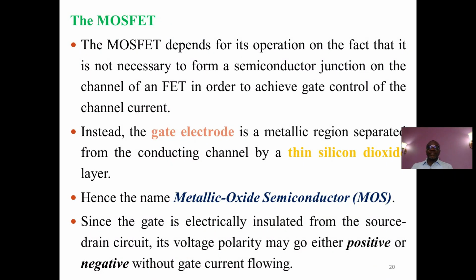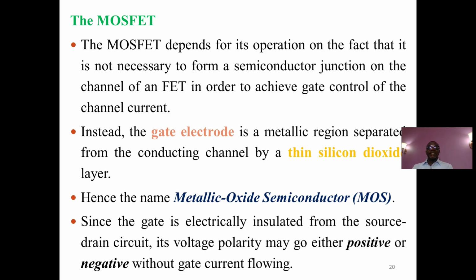The MOSFET, which is a metallic oxide semiconductor field effect transistor, depends for its operation on the fact that it is not necessary to form a semiconductor junction on the channel of the FET in order to achieve gate control of the channel current. In the typical normal transistors or diodes we have looked at, you need a PN junction to achieve current flow.